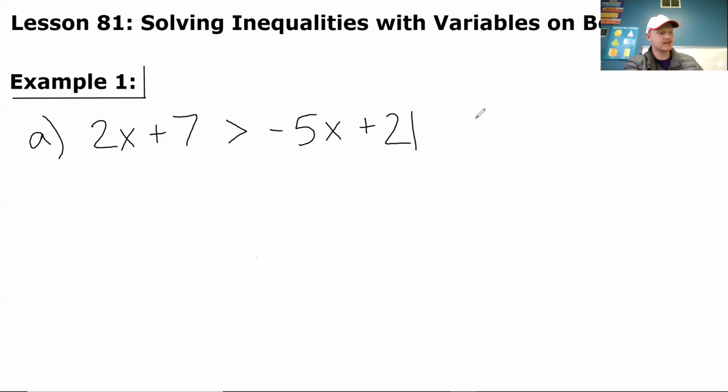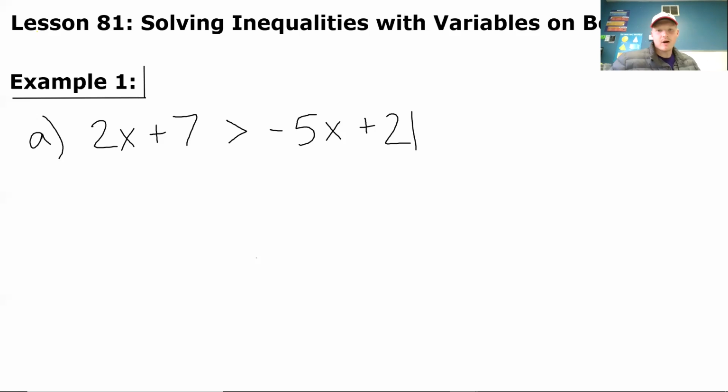So this is very similar to our warm-up problems, except now the only difference is we have an inequality on both sides. So we have x on both. We have a 2x on the left side of our equation, and then we have a negative 5x on this side of our equation.